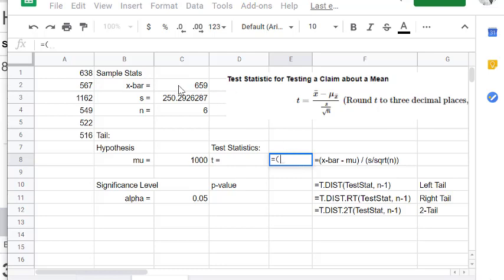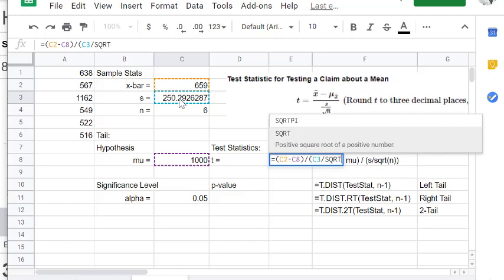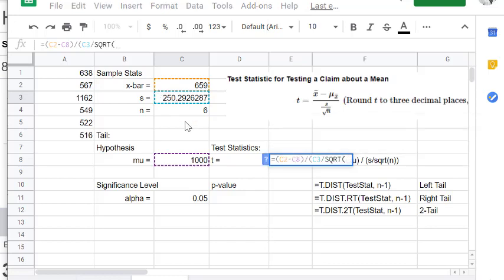I'll just click on these values, x bar, minus mu. So that's mu, that's 1000. Close the parentheses, divided by, and then I'll open up another parentheses, s, is 250, and then I'll divide by the square root. This one I have to actually type in, the square root of n, where n is equal to 6.